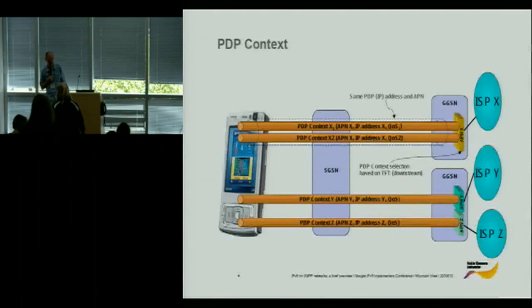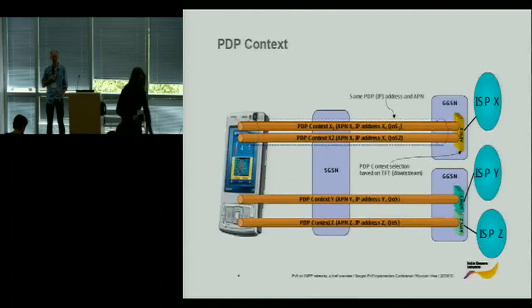An important difference, and what you will hear a lot of mobile people talk about, is that this PDP context can only be an IPv4 PDP context or an IPv6 PDP context. That makes things a little more complicated, because you cannot just open a dual stack PDP context all at once at this moment.